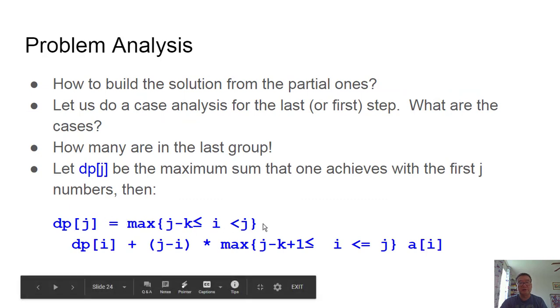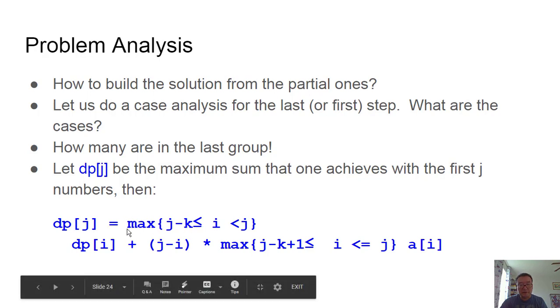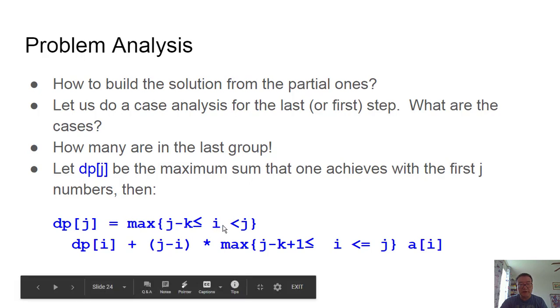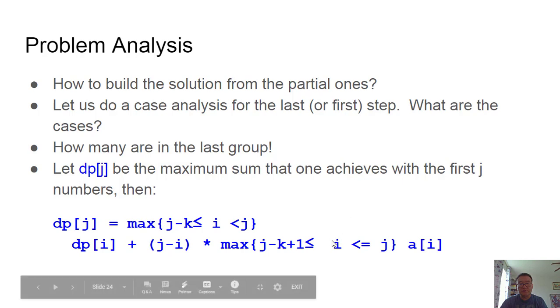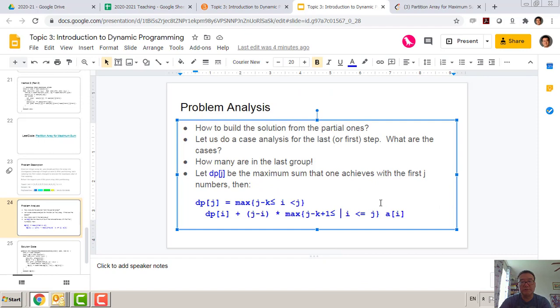And this is my way of writing the DP relation. So consider all possible values i, where i is the prefix length. Actually, I think in my DP relation I'm reusing the same local variable here, so that's a little bit bad.